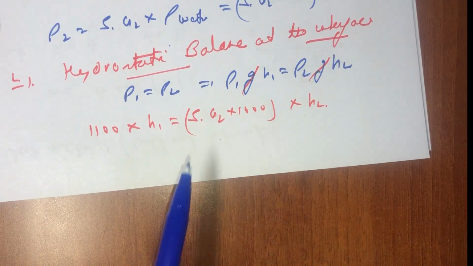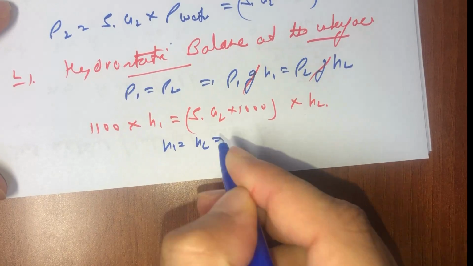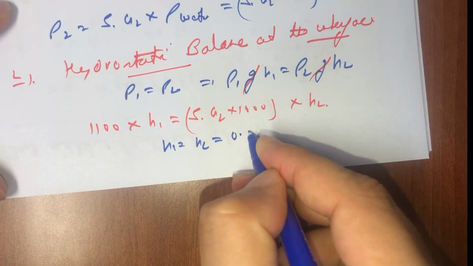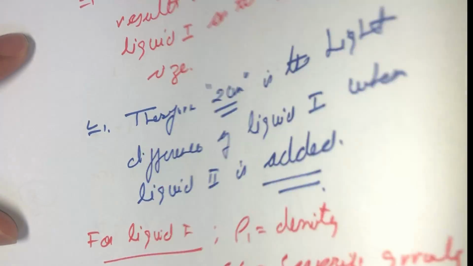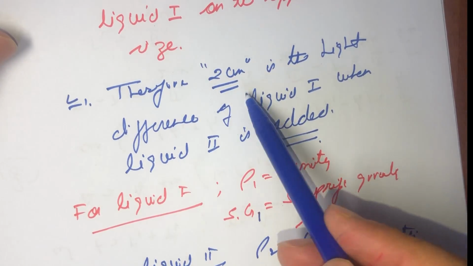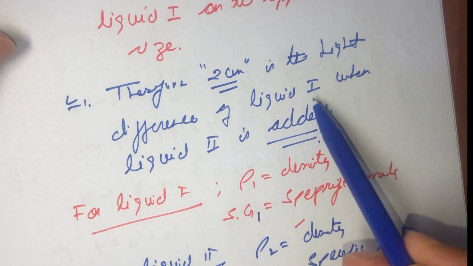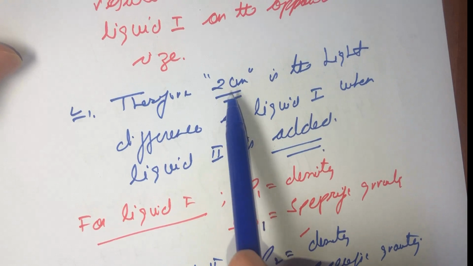But the value of H2 and H1 is same. H1 is equal to H2, which is our 0.02 meters, because the height difference when liquid 1 is already present and liquid 2 is added is given as 2 centimeters.